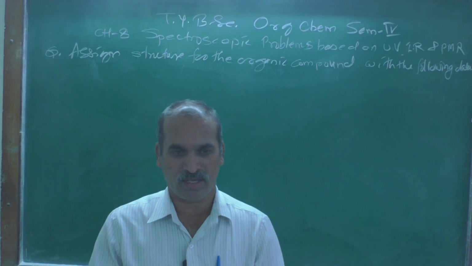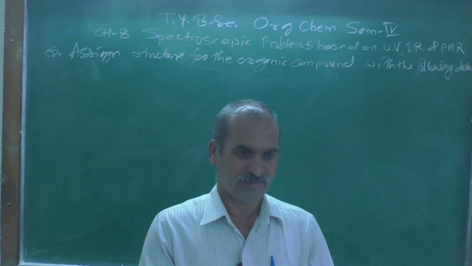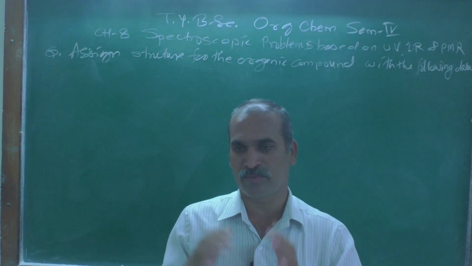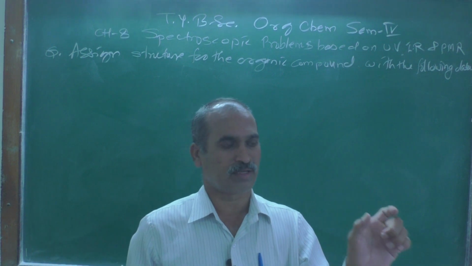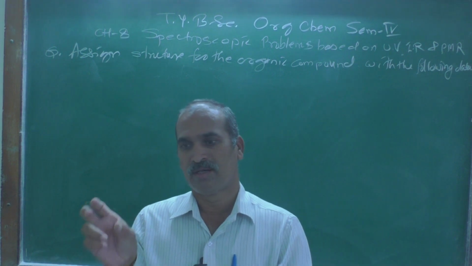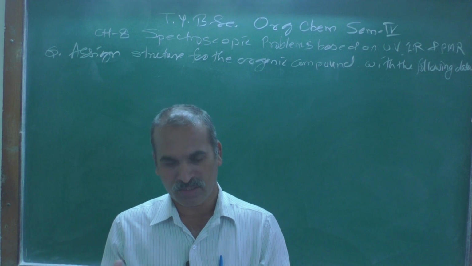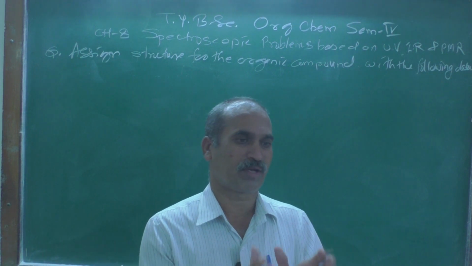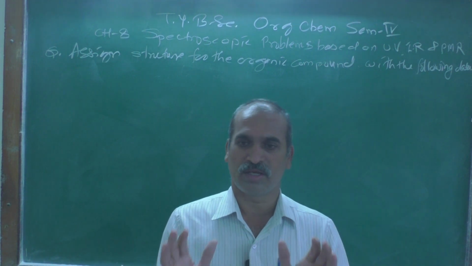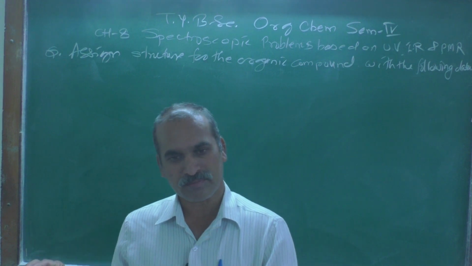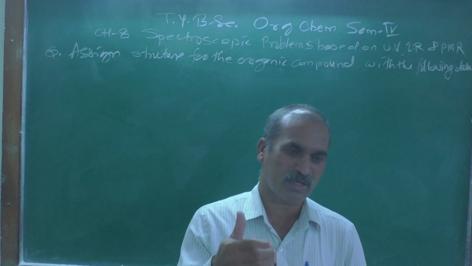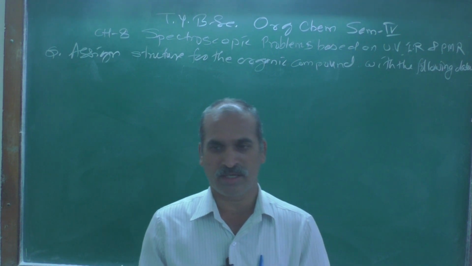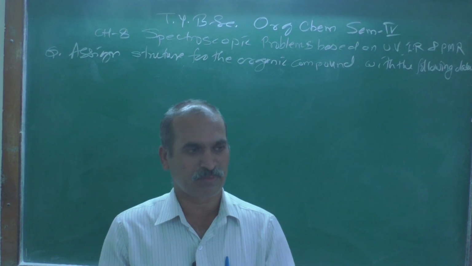These are the full forms, and each and every spectroscopy plays an important role in elucidating the structure of the organic compound. UV spectroscopy provides us information regarding the carbon-carbon double bond, whether it is in an isolated form or the conjugated form. From IR spectroscopy, what kind of information are we getting?